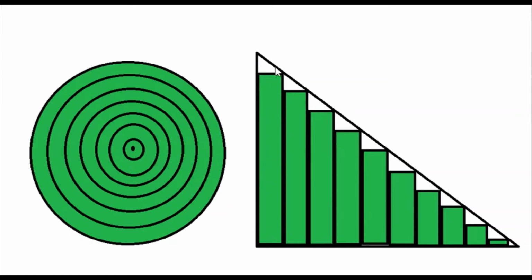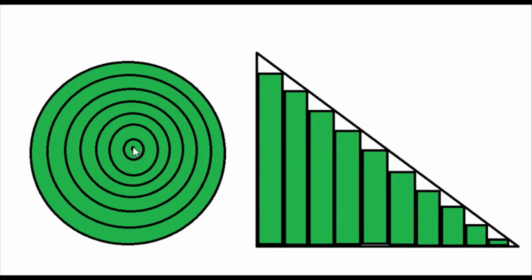So the length of the longest strip of the circle is equal to the circumference of the circle, and we can estimate the height of this triangle to be equal to 2 pi r, and the length of the base of this triangle is equal to the radius.